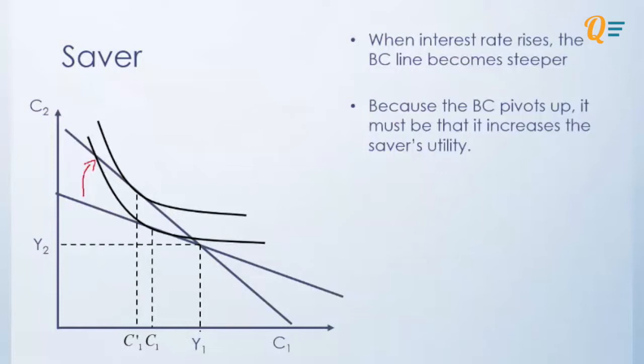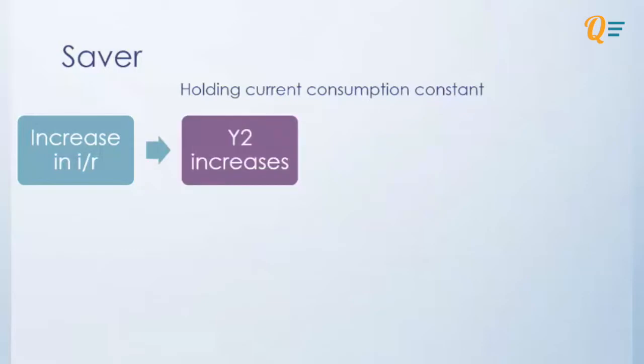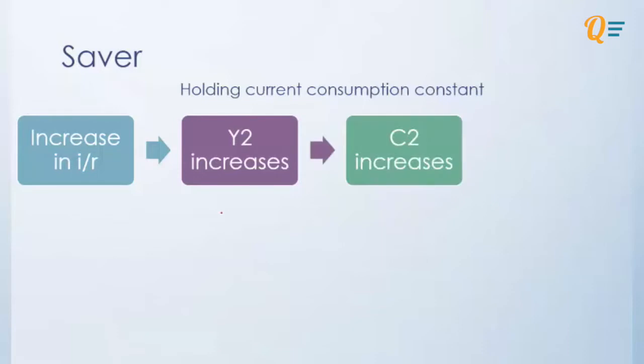But how? Holding current consumption constant, an increase in interest rate means that Y2 increases. Why will Y2 increase? Because C2 increases.